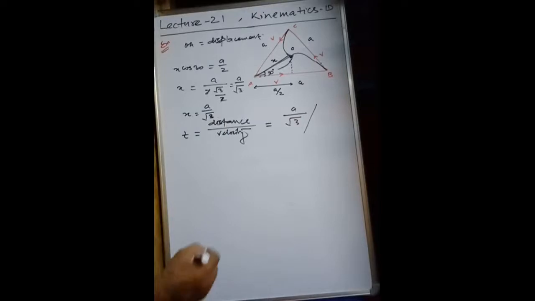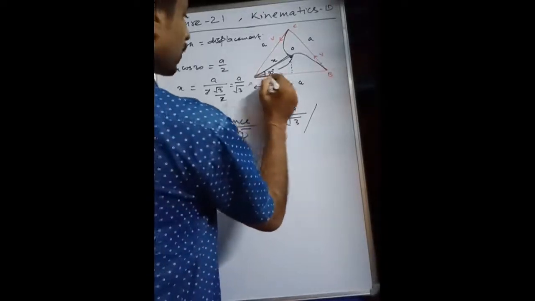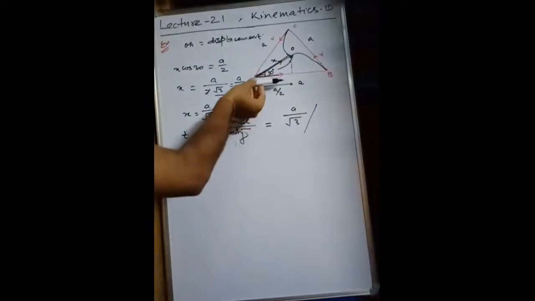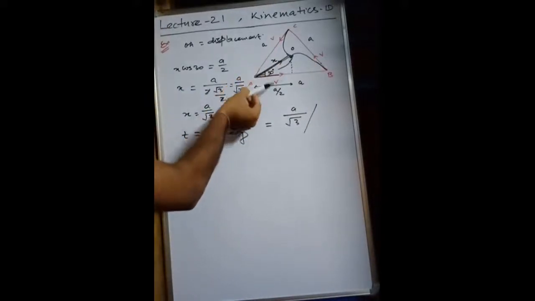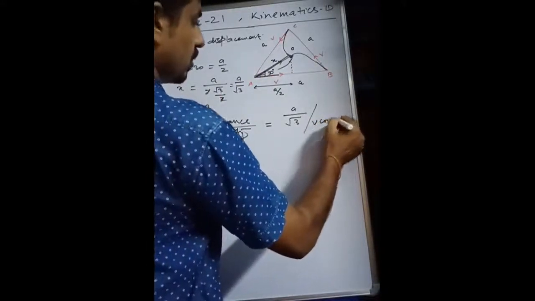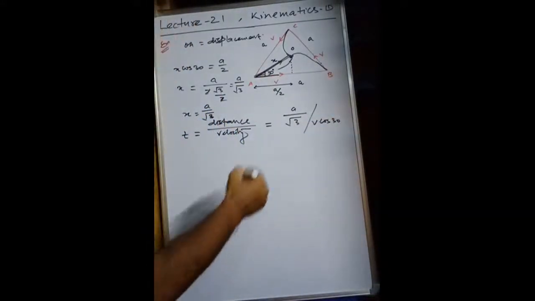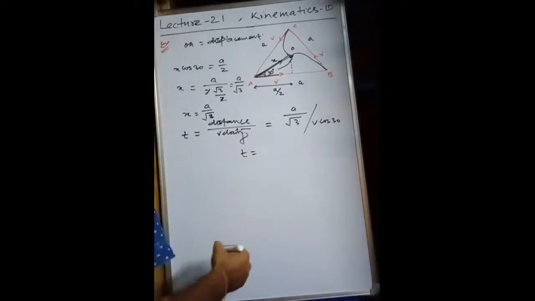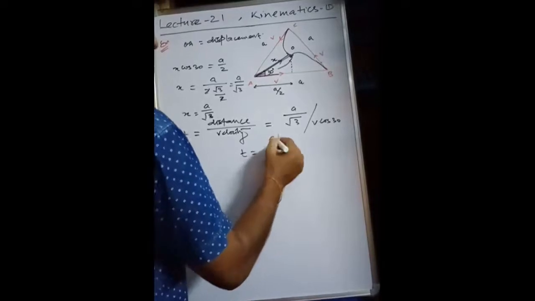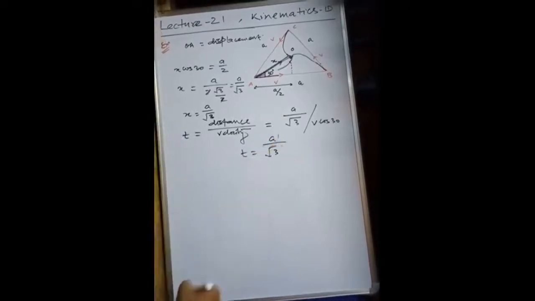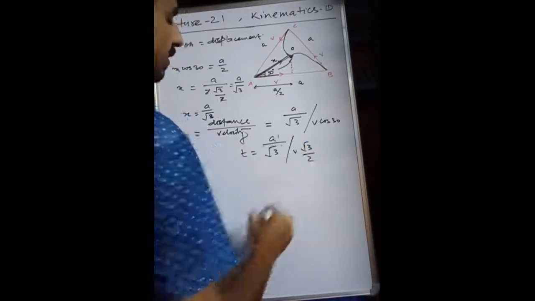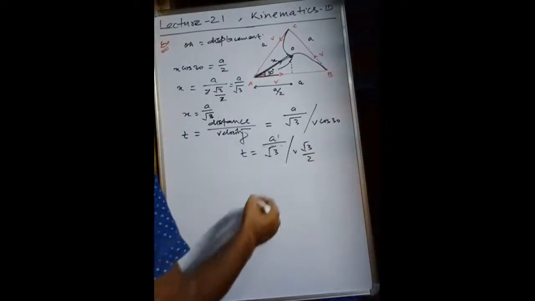We know that the velocity along this direction is v. So the velocity along this direction will be how much? You can break the component along this direction. It is v cos 30. And this will be t equals a by root 3 over v cos 30, which is again root 3 by 2.